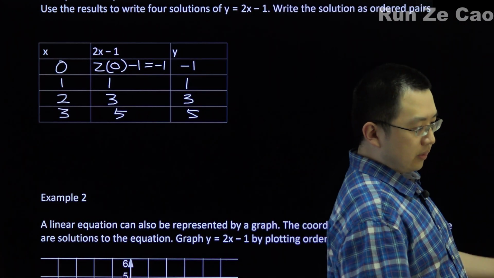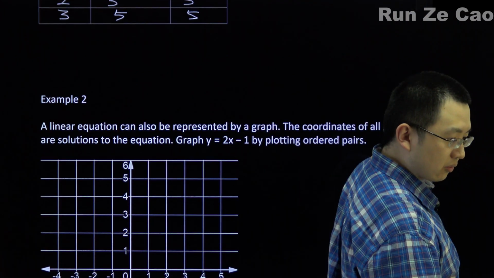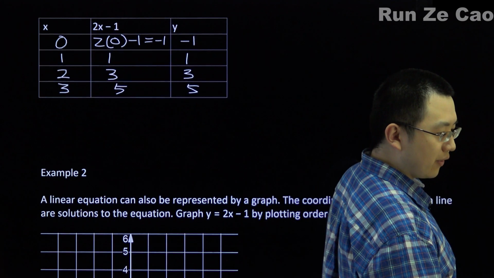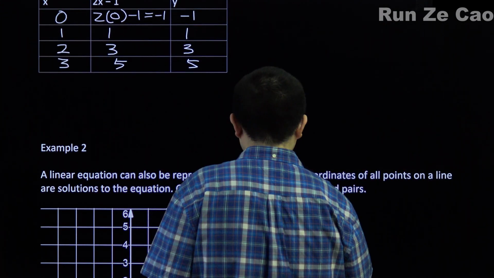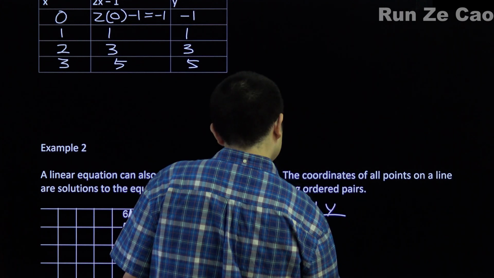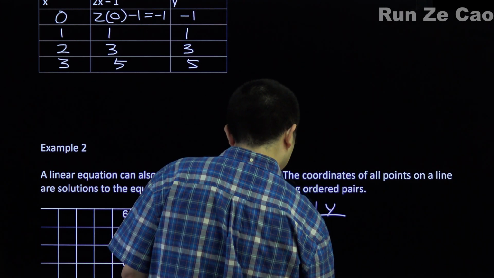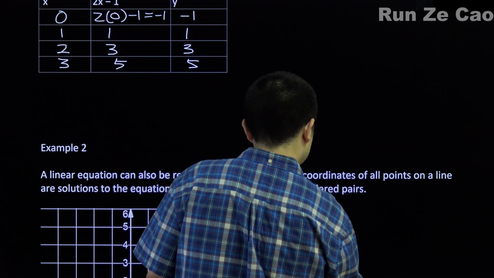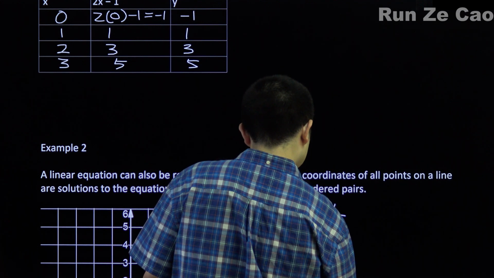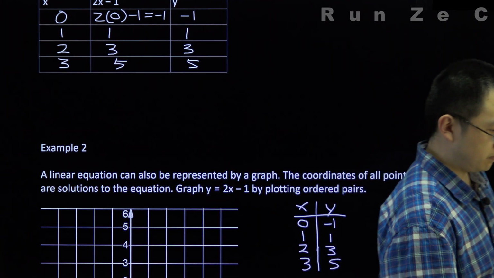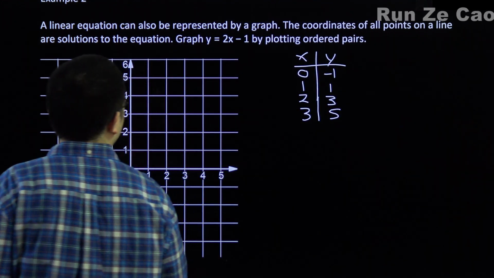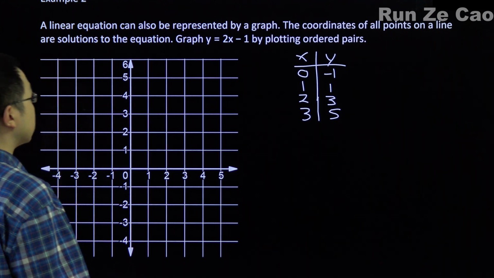So what do we do with these ordered pairs? Well, we could graph them. Y equals 2x minus 1. Oh, hey, let's transfer this down here. X, y: 0, 1, 2, 3, and -1, 1, 3, and 5. Okay, so the coordinates of all points on the line are solutions to the equation.